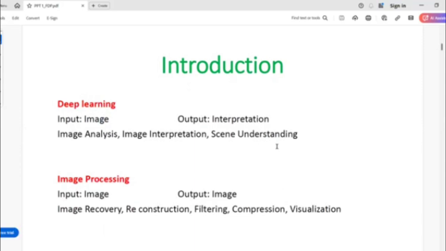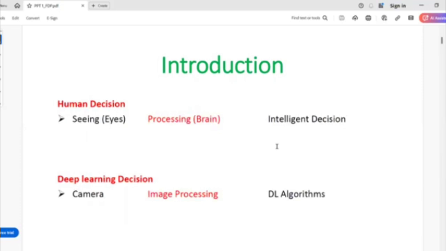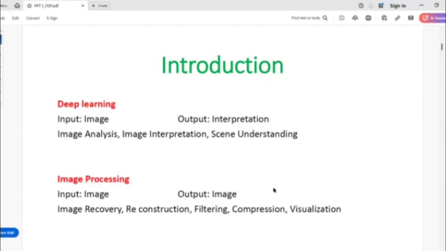I'm speaking about two technologies in the case of image analysis. One is image processing and the second one is DL algorithms. Are both the same or different? In deep learning, the input will be an image and the output will be an interpretation, which is nothing but your result.